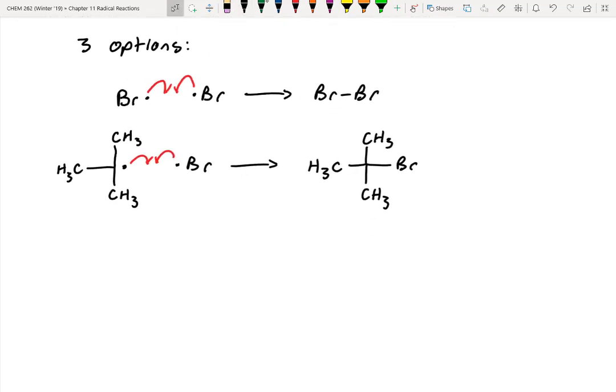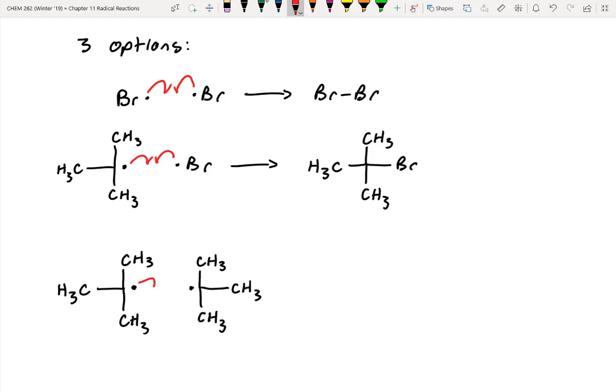The last option is arguably the worst option, but somewhat unavoidable. And that's where your organic radical finds another organic radical. And when this happens, you can actually form a new carbon-carbon double bond.